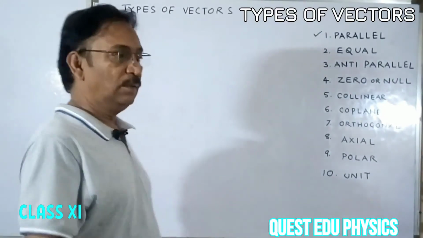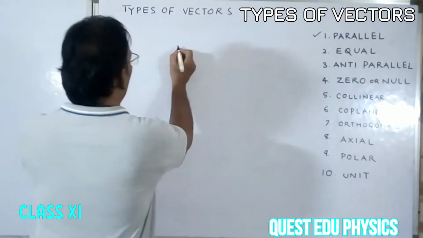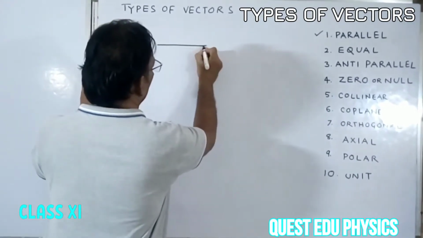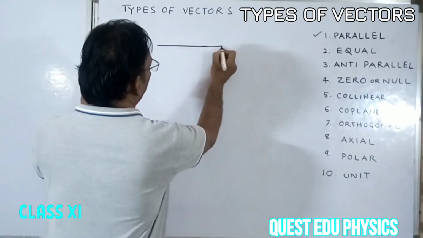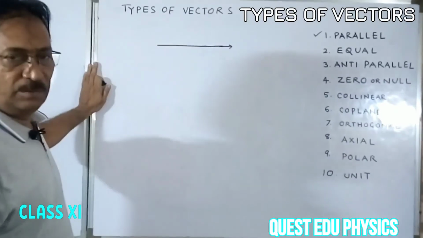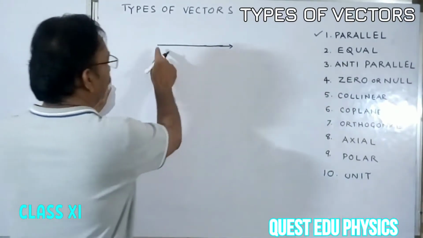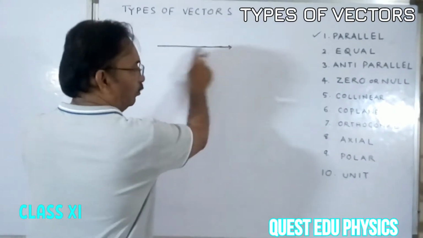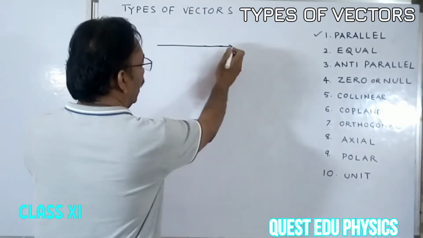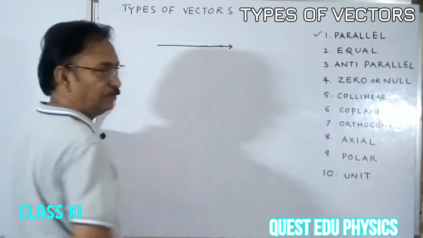Parallel vectors. You know that we can represent a vector by its magnitude as well as its direction. Let's say a vector. The length of the vector is known as its magnitude, and this arrowhead shows the direction.